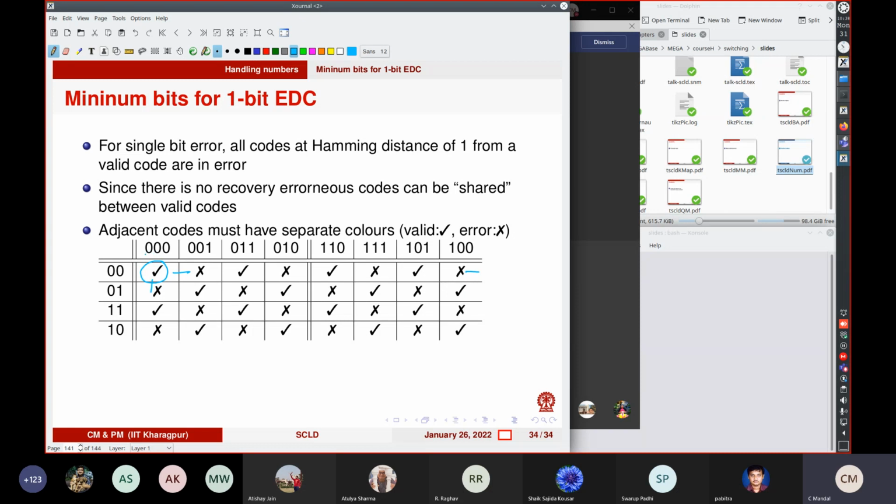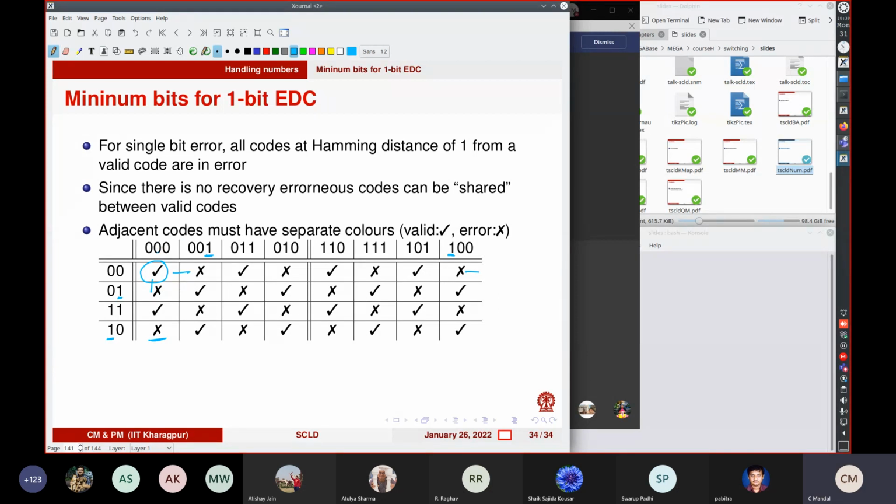What are the codes that you'll have at a distance of 1? So here, for this code, as you can see, this is an error. And over here, this one is an error. Of course, this is also at a distance of 1. So here, this bit is an error. And is there anything else?